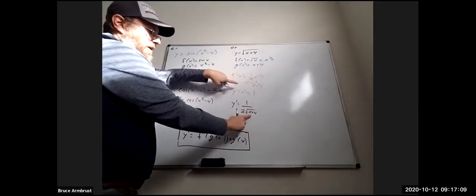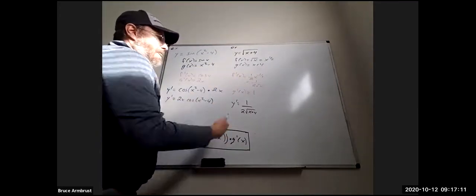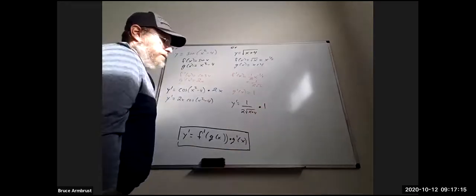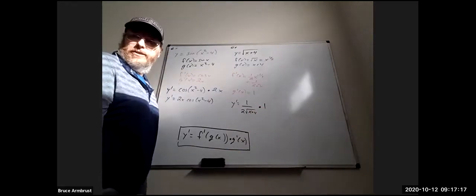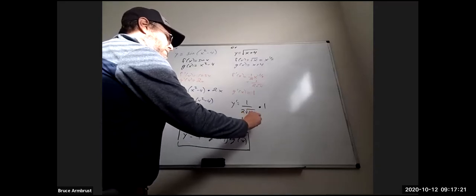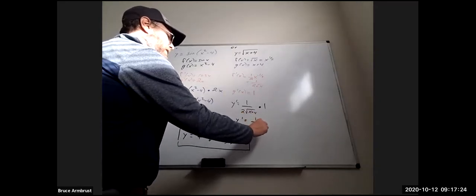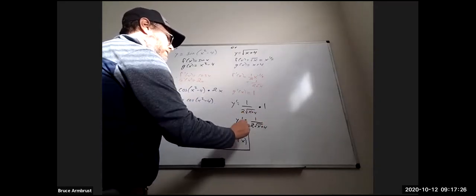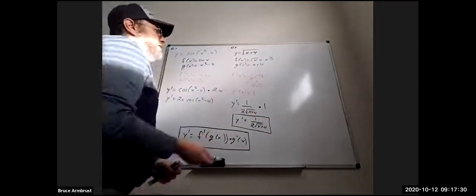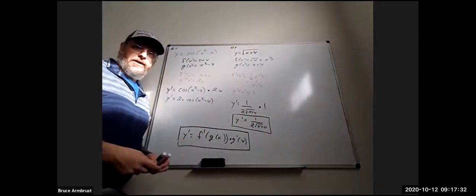I'm still evaluating it at the original function. And then I need to multiply by the derivative of what's inside, which in this case is just 1. So y prime is equal to 1 over 2 square roots of x plus 4. That's the derivative of the square root of x plus 4.